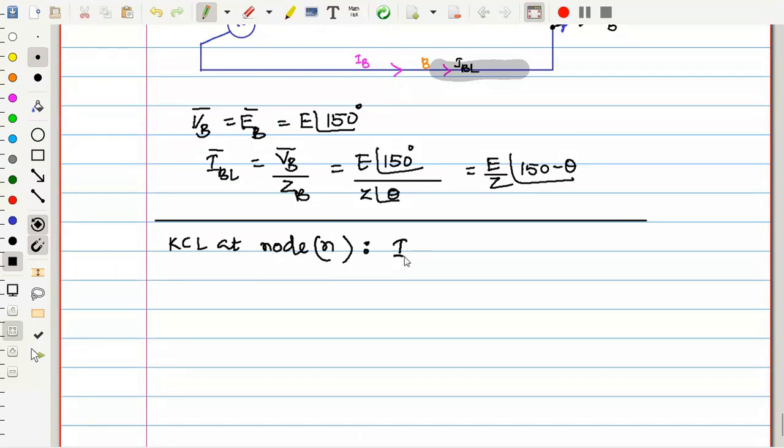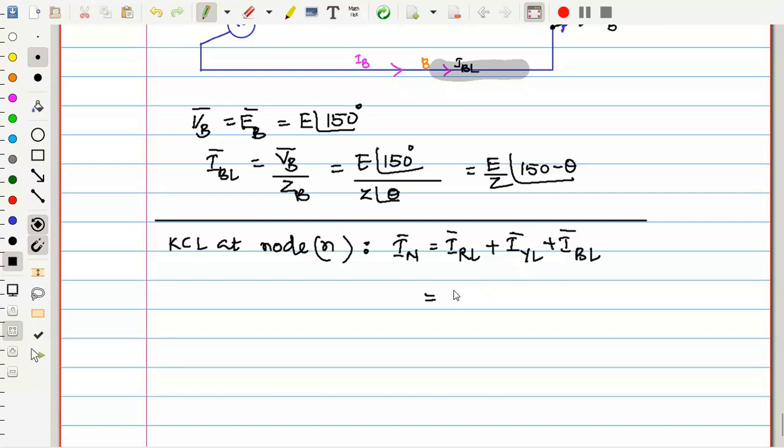What does it give? In is equal to phasor sum of the line currents, which is same as that of the load current. So IRL, IYL, IBL. Now you substitute and simplify all these things.